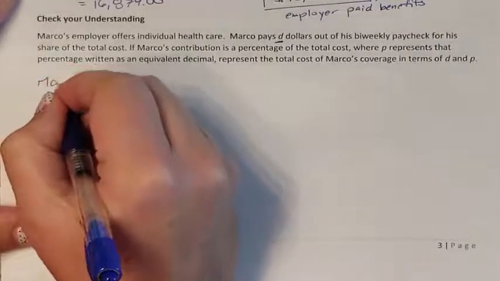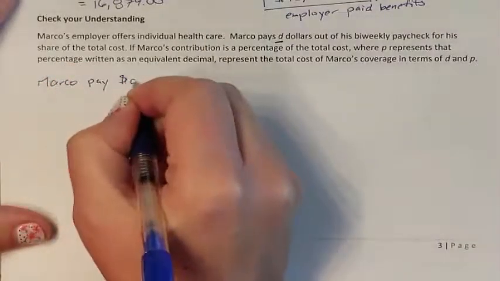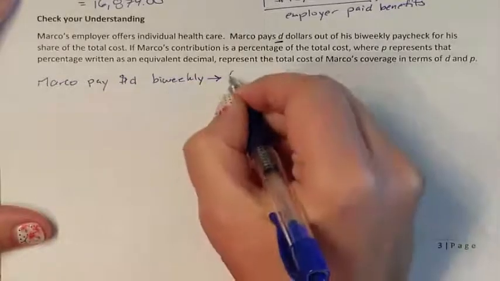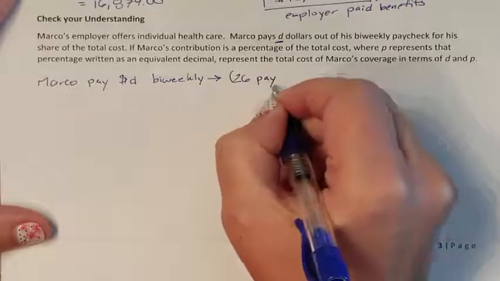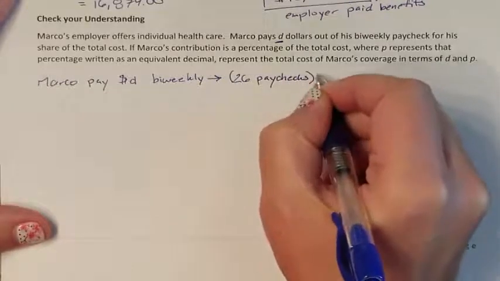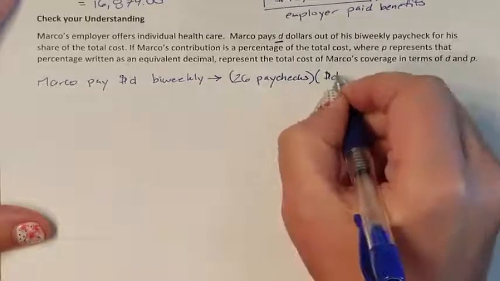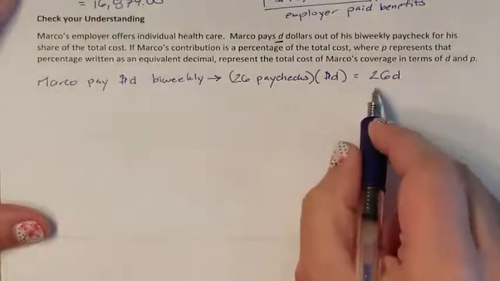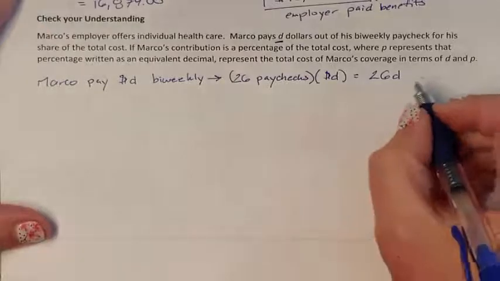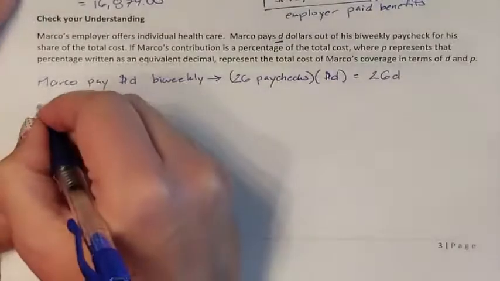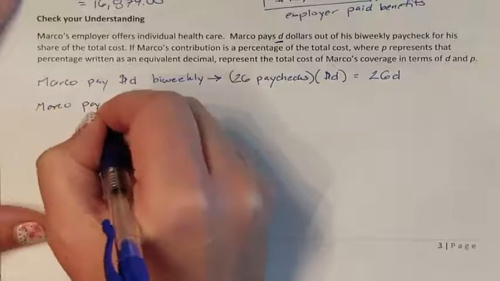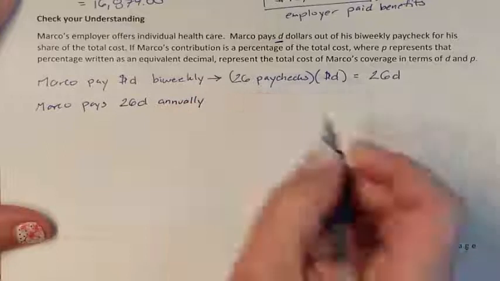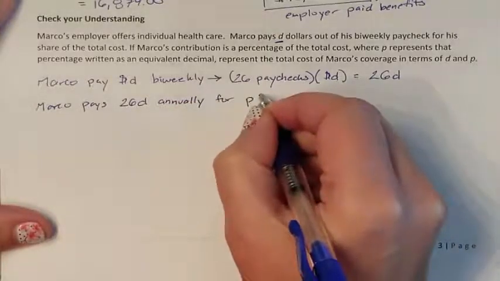So Marco is going to pay D dollars biweekly. We know that that is over 26 paychecks. So 26 paychecks of D dollars means that he is paying 26D over the entire year. So this is his annual. So Marco pays 26D annually for healthcare, and that's for P% of healthcare.